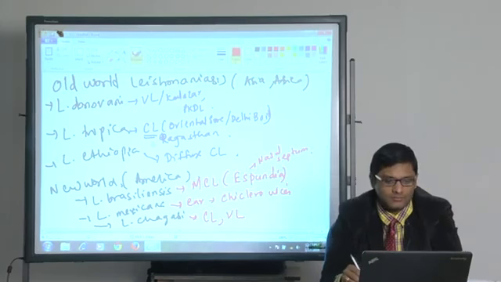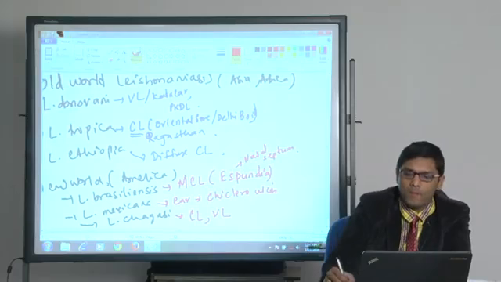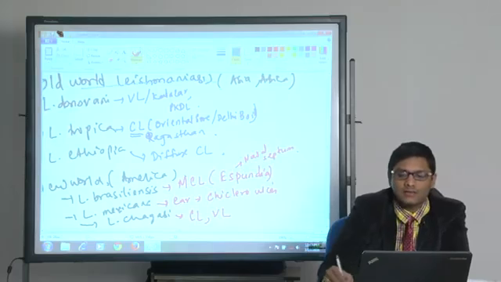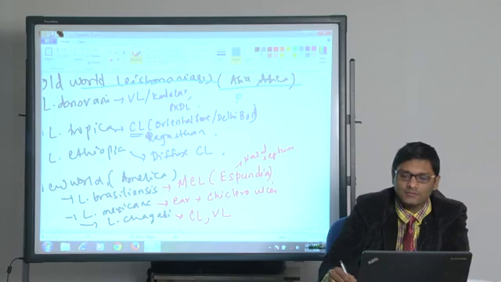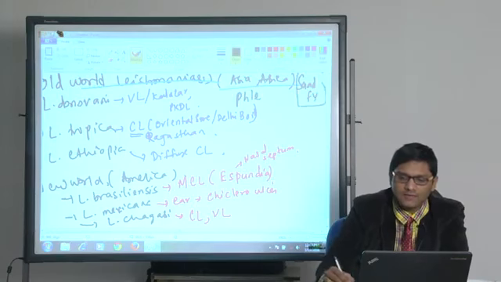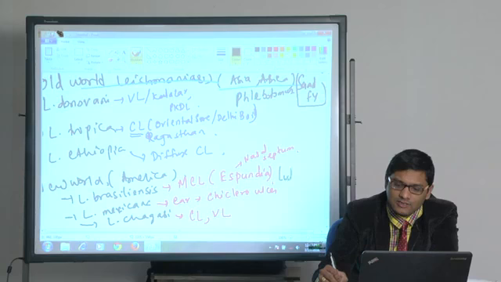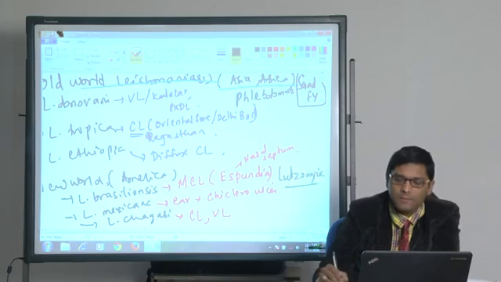Then vector. Regarding vector, for old world leishmaniasis the vector is Phlebotomus. Both the vectors are sandflies only, but sandfly of the genus Phlebotomus for old world, and for new world, sandfly of the genus Lutzomyia.